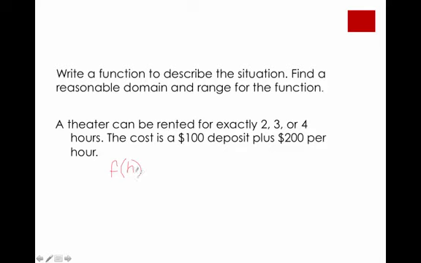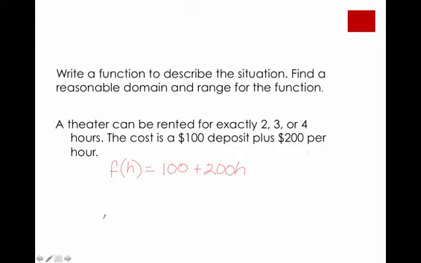So my function, my output, depends on the number of hours I put in. So I've got this $100 deposit plus $200 for the number of hours that I have. So here's my independent variable, the number of hours, and my dependent variable will be my cost, which I'm going to derive from the number of hours I'm renting it.